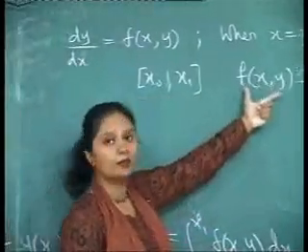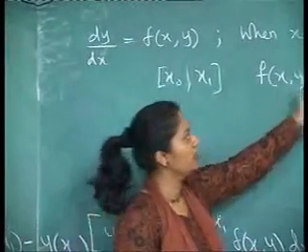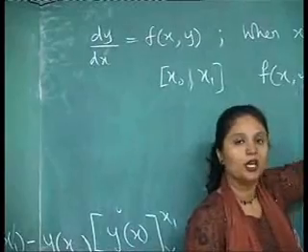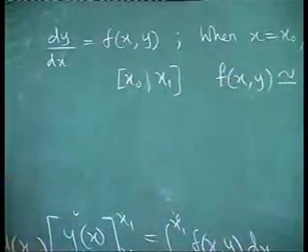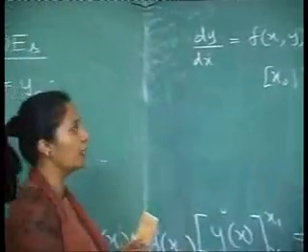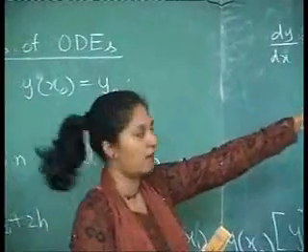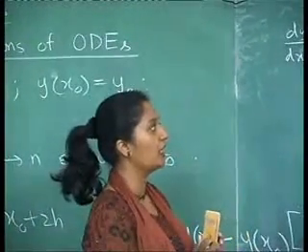It is like approximating this function by this constant function in the interval x0 to x1. So I will assume that f of x, y is approximately the same as the value of the function at x0, y0.